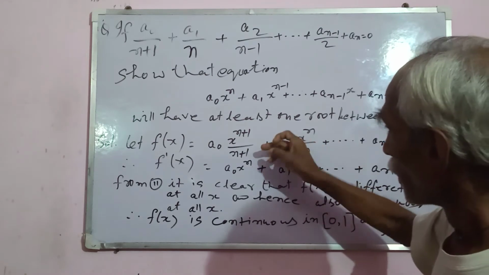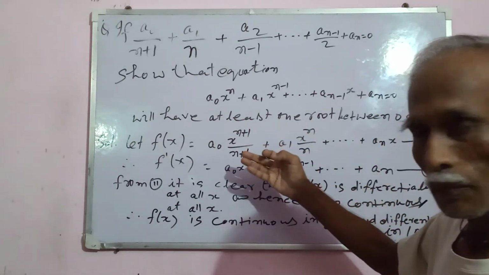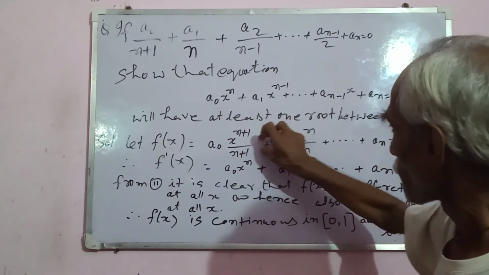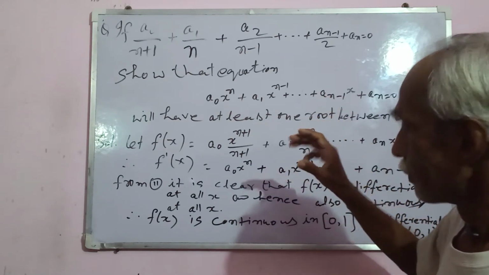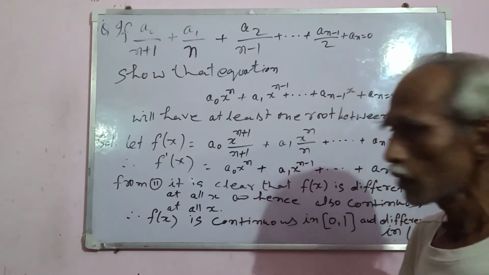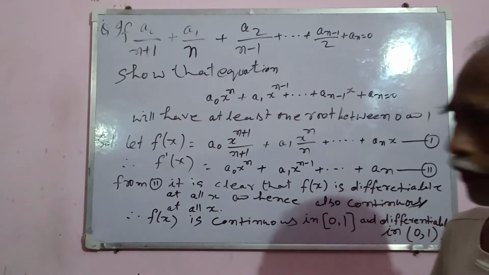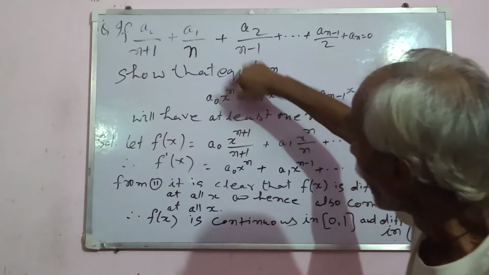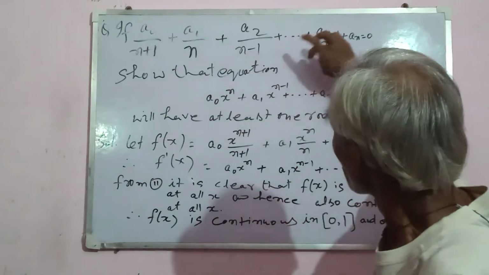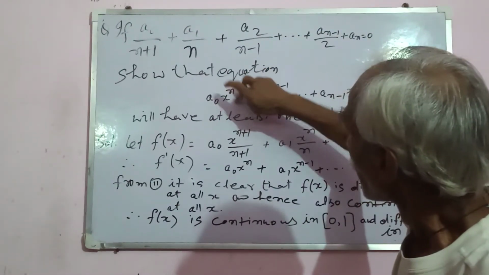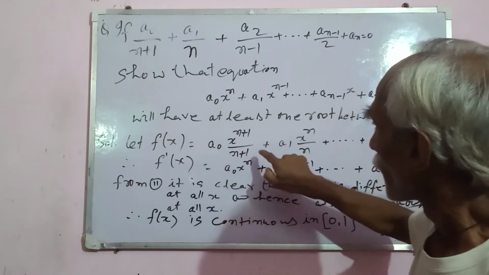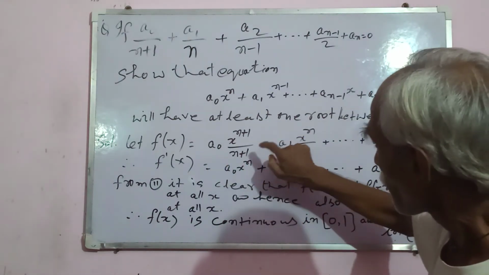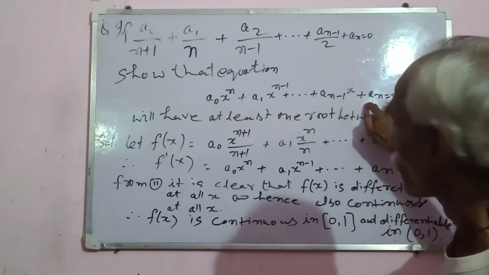Now where will you get f(x) from? Just as I told you, you can't understand everything by seeing only the sum. From here and from here, from this part and this part, you will understand this. The differentiation of this part will be this.